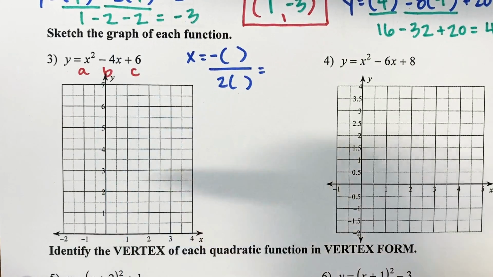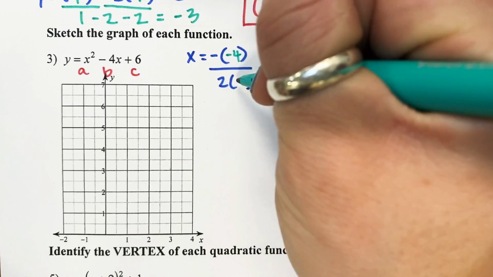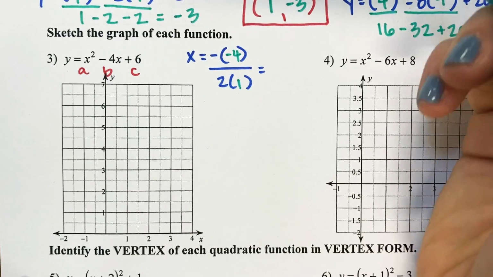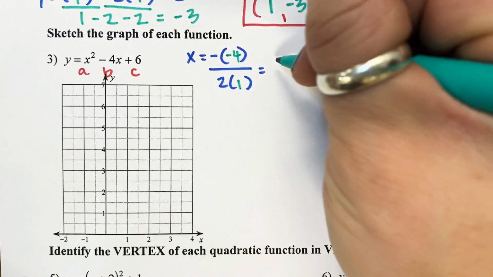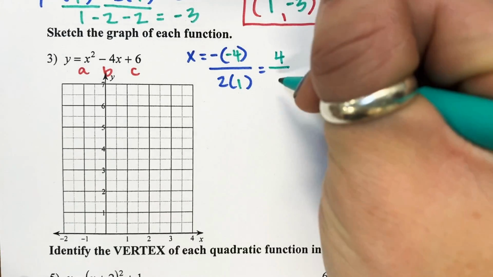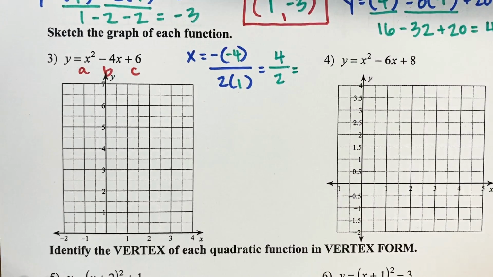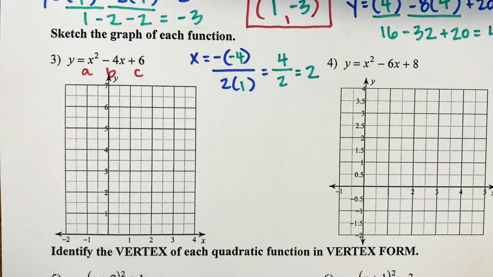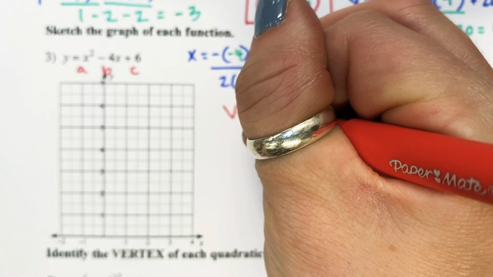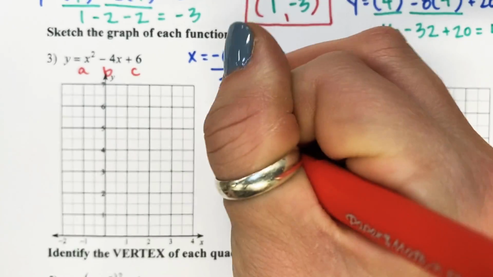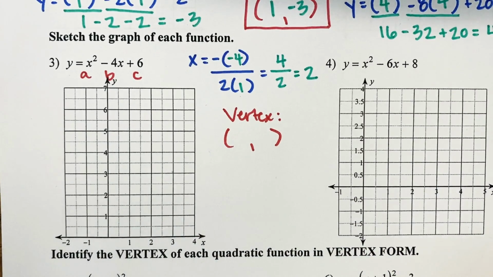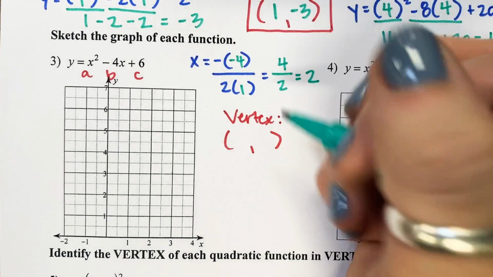My B is negative 4. A is 1 again. Double negative, so that turns into a positive 4 on top. 2 times 1 is 2. 4 divided by 2 is 2. Okay, so the X part of our vertex we found is positive 2.